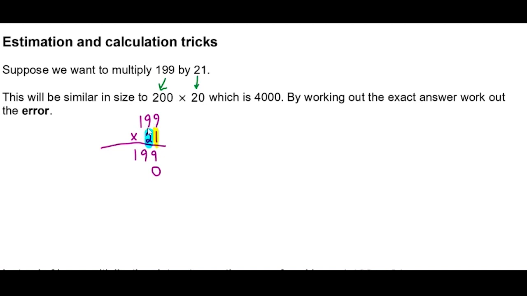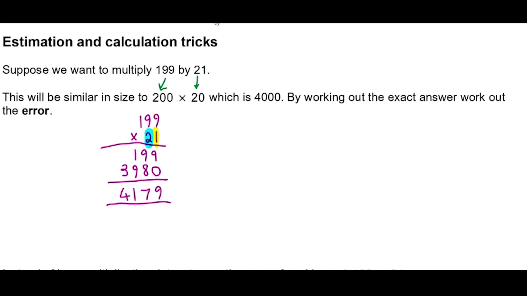Then we multiply the 199 by 2. 2 lots of 9 is 18, carry 1. 2 lots of 9 is 18, plus the 1 we carried is 19, and then we carry 2 lots of 1, and we're still carrying 1, so 3980. And now we add these two together, and what we get is 4179, all right? We actually add them from here, and we have carries out, but hopefully you're okay with that.